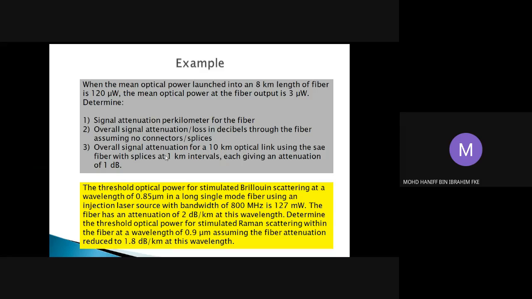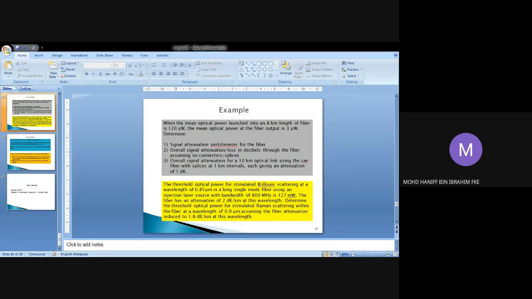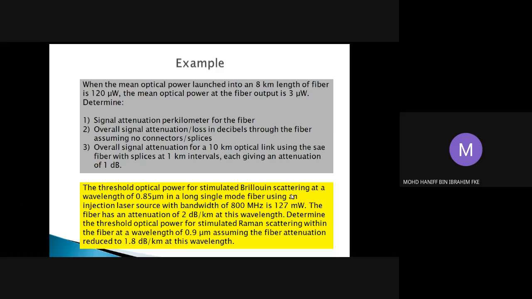So we have splices at 1 kilometer intervals, and each of these splices gives an attenuation of 1 dB.